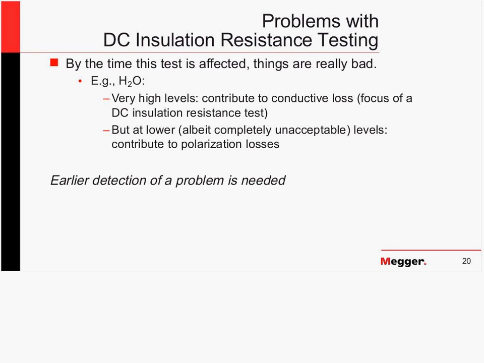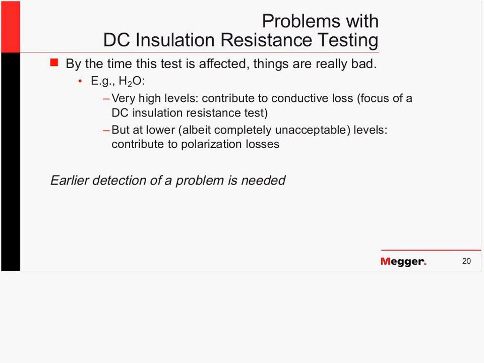So if I take an example of a contaminant we worry a lot about, that's water. If you have a high enough concentration of water in your insulation, then it will contribute to conductive loss, which is the focus of your DC insulation resistance test. But at lower levels of water contamination, and albeit they're still completely unacceptable and not okay, at these lower levels, water contributes to polarization losses.